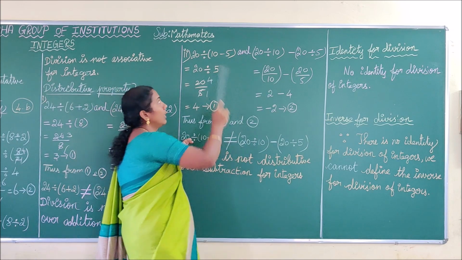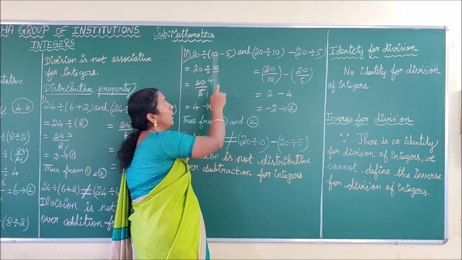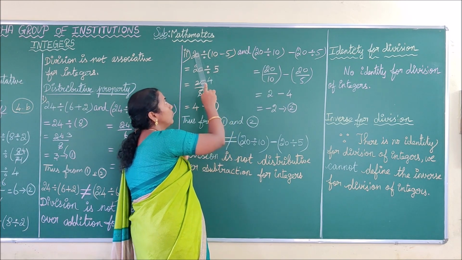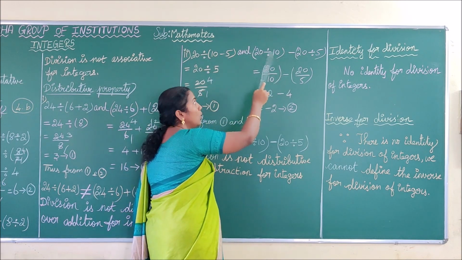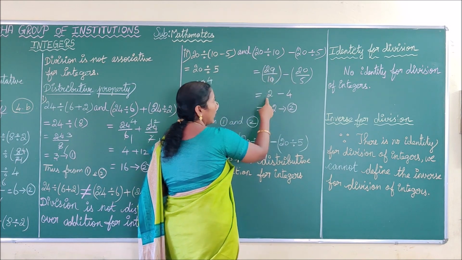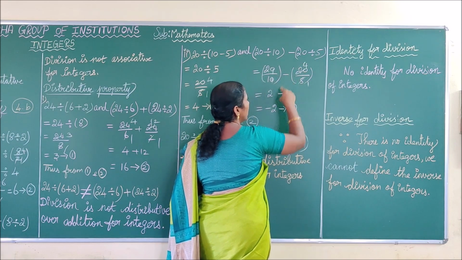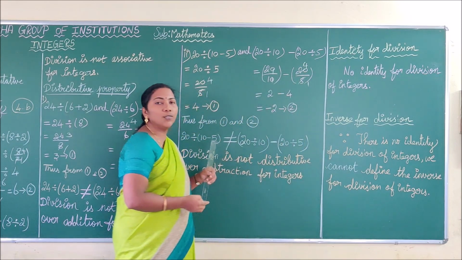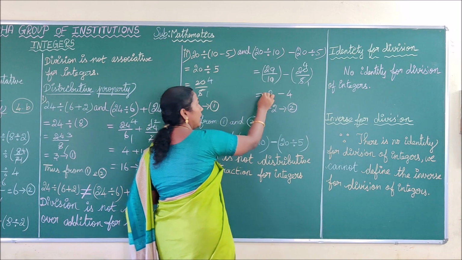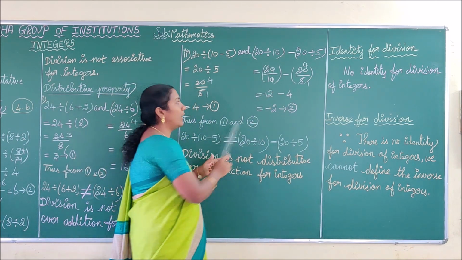See here, we are distributing this division over subtraction. That is 20 divided by 10 minus 20 divided by 5. 20 divided by 10, the 0s cancel, 2 by 1 can be written as 2. Minus 20 divided by 5, 4 5s are 20, that is minus 4. 2 minus 4: given two integers with different signs, we subtract the smaller number from the larger number and get minus 2.